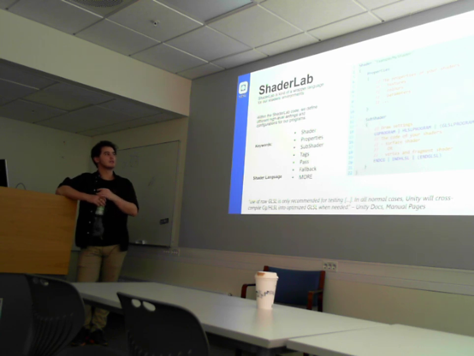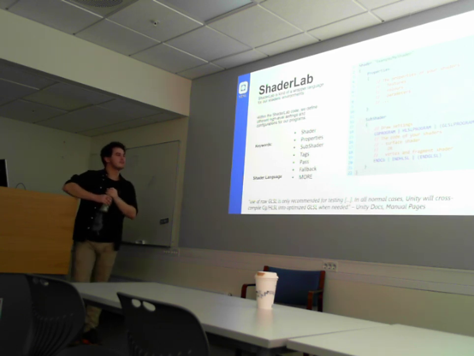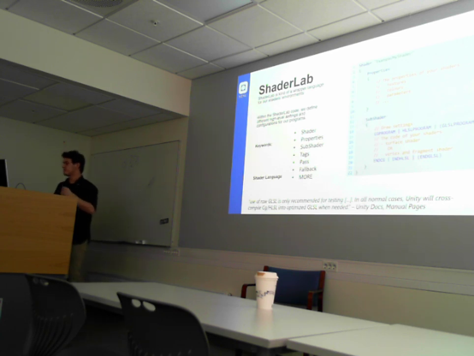You can also do this through Shader Lab. The most important thing, I think, is the properties block, where you set up basically uniform access points. I'll get back to that actually.